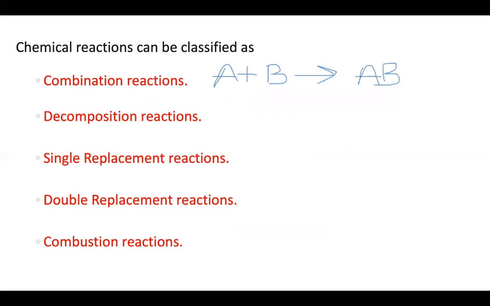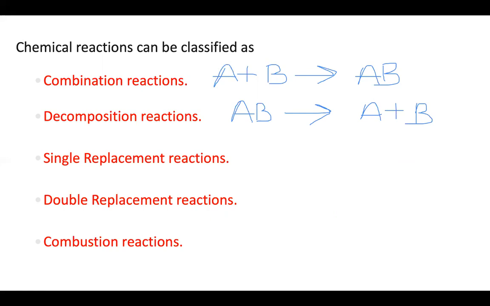We have two reactants, one single product. A decomposition is the opposite of combination, or the opposite of synthesis. We are going to have one reactant that splits in order to form two products, okay?